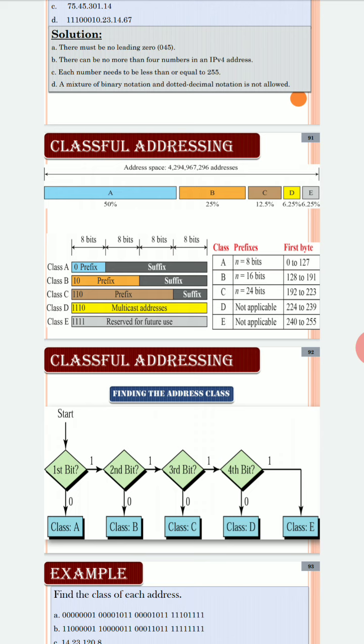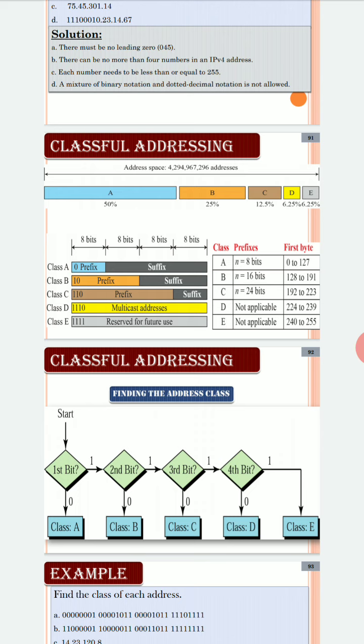When the internet was started, the IPv4 address had a fixed-length prefix, and this length was designed to be either 8-bit, 16-bit or 24-bit, and the entire address space was divided into 5 classes.